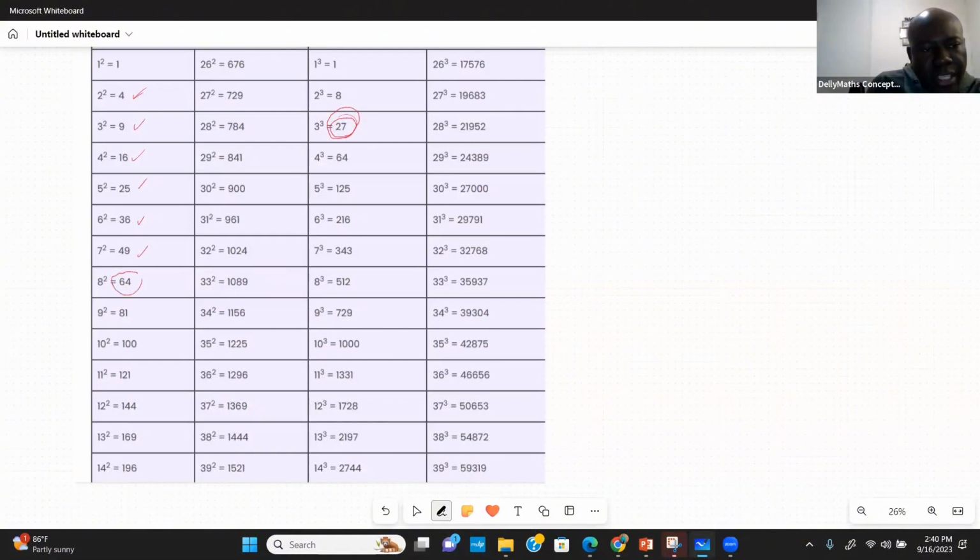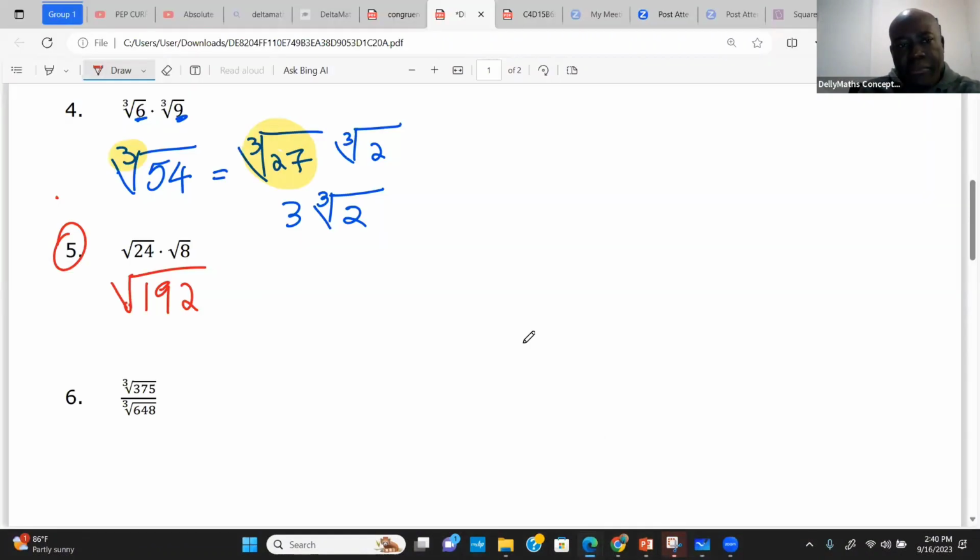So 64 seemed to be the biggest one that really works right there. So I'm going to use 64 times 3. 64 times 3 is actually 192, right? So it's all about finding a perfect square that is a factor, but use the biggest one. If not, it's going to be incomplete.